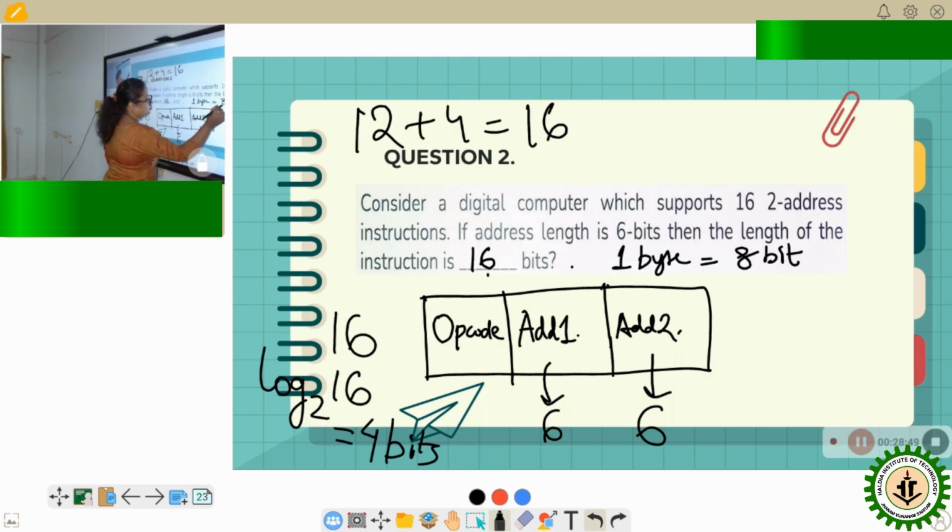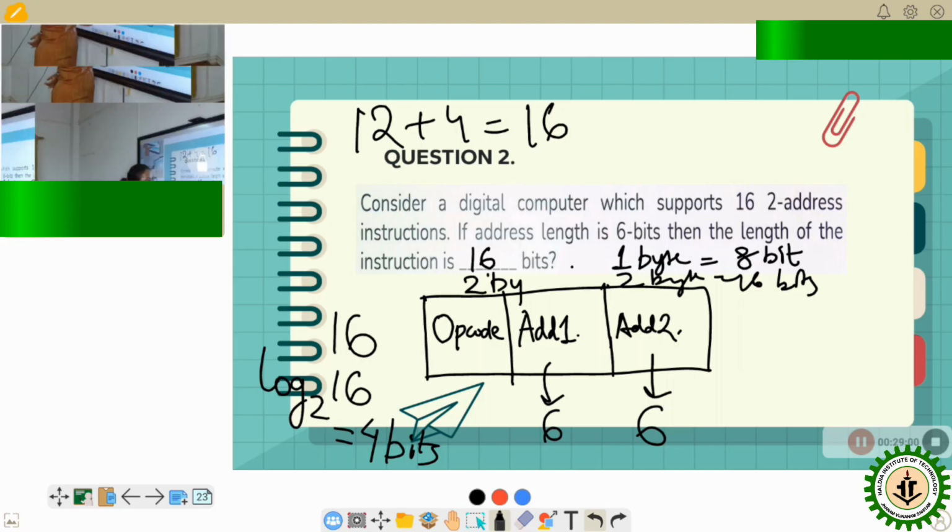So 8 times 2 is 16, so 16 bits is 2 bytes. In that case it would be 2 bytes.